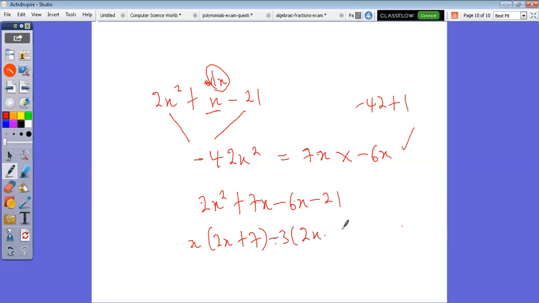Then this is exactly plus 7. That's what we want. We want them to be exactly the same. So if they are exactly the same, the other factor, you're simply regrouping, is x minus 3. So the answer is x minus 3 brackets 2x plus 7.